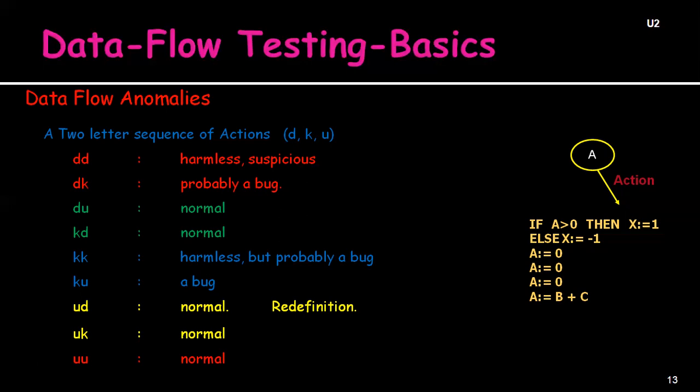Next, killing and using. Ultimately, it is a bug. After killing, how can you use it? You have killed it first, then you are trying to use the killed object. Once you have killed it, you cannot use it without redefining it again. So KU is a bug.